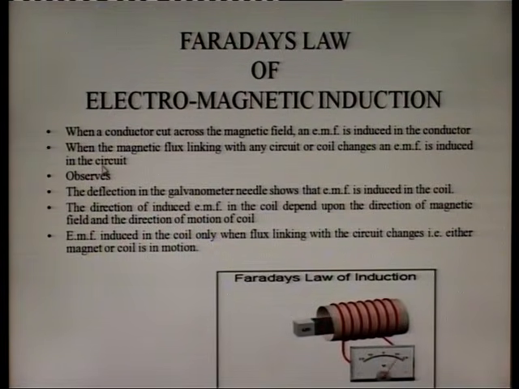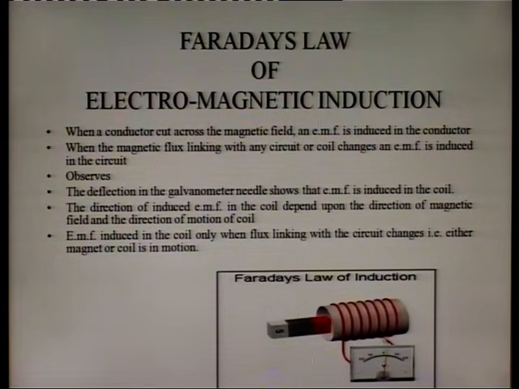And second is, when the magnetic flux linking with any circuit or coil changes, an EMF is induced in the circuit. So here you can see, when magnetic flux linking with this coil changes, an EMF is induced in this conductor, which is shown on this galvanometer.